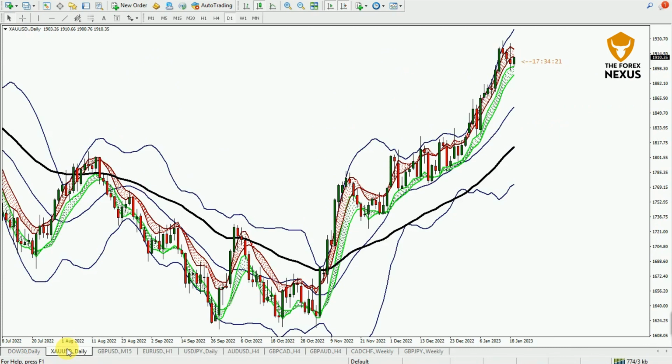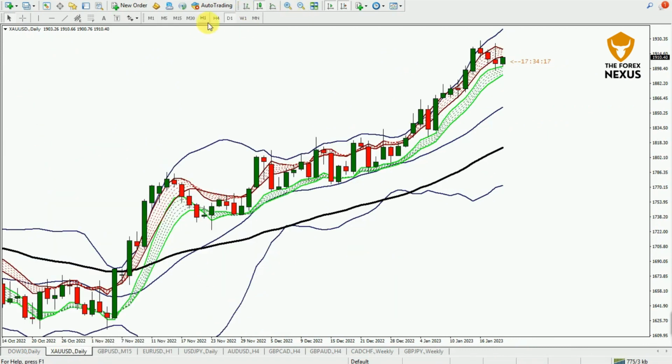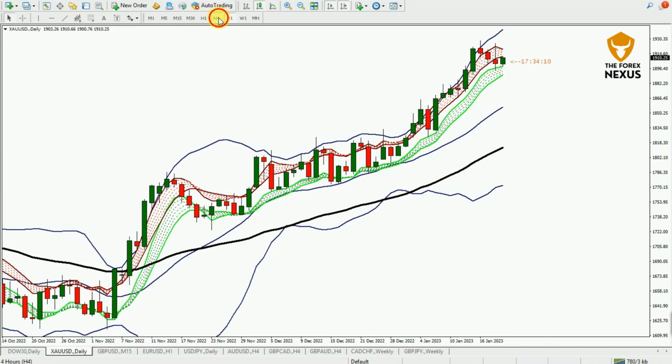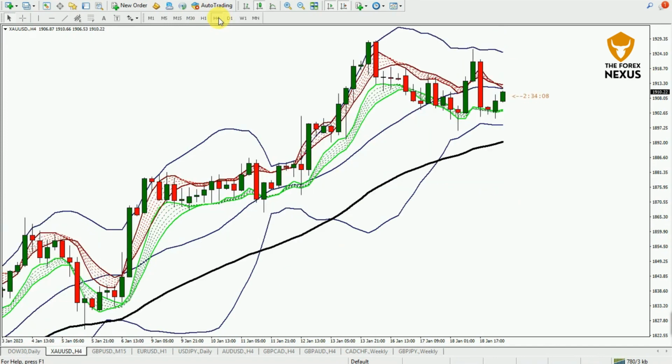Let's move to gold. Gold was a perfect re-entry on the daily, but the same scenario, we need to break the level.